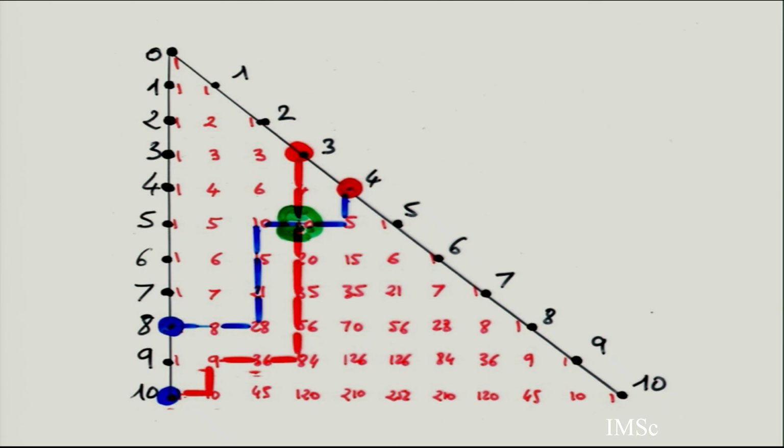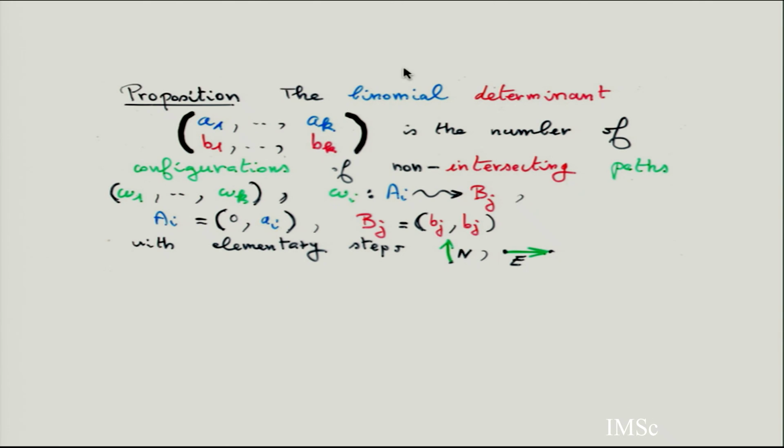And then I claim that the binomial determinant like this is exactly the number of configurations of non-intersecting paths going from a_i to b_j, with a_i a blue point on the vertical line, and b_j a point on the diagonal.